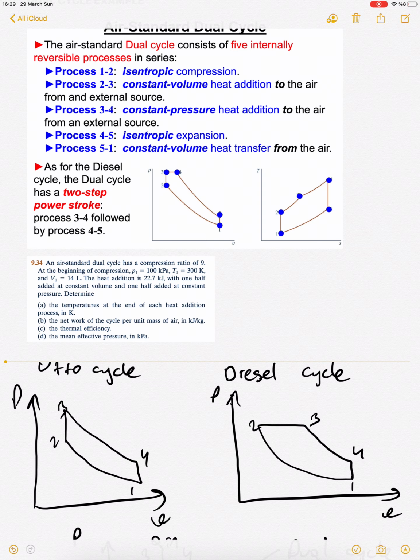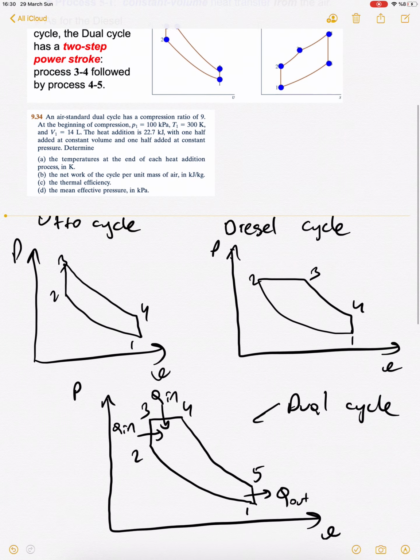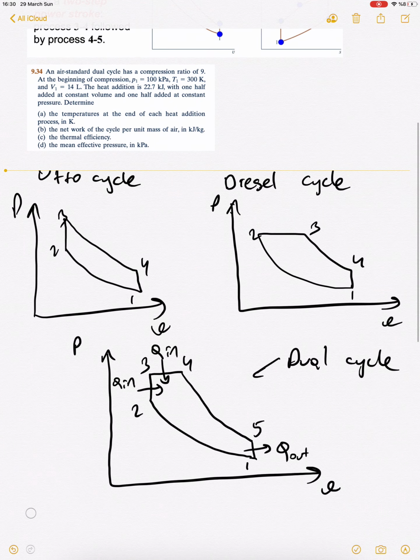So this is actually a much better model which can be used for both diesel engines and also spark ignition engines.